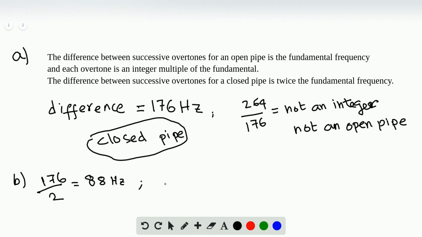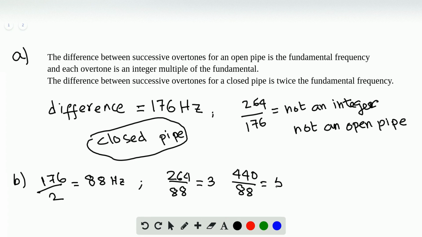Now if you want to verify that, we can divide our frequencies by our fundamental frequency and see if we get an integer or not. If we do that, we get 3. If we divide our 440 hertz by 88, we get 5.